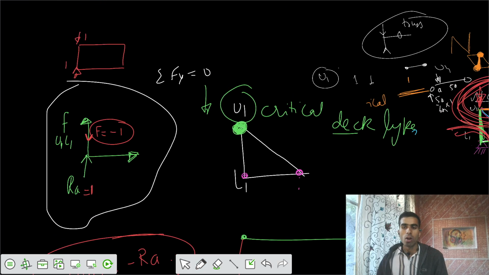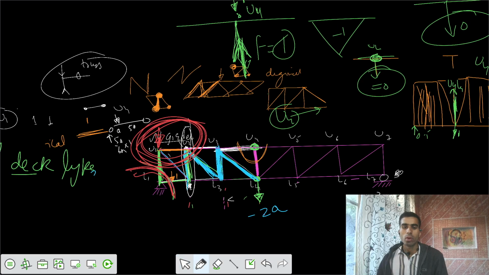And for all values, if I place the load at different locations, let me place the load here at joint U6.